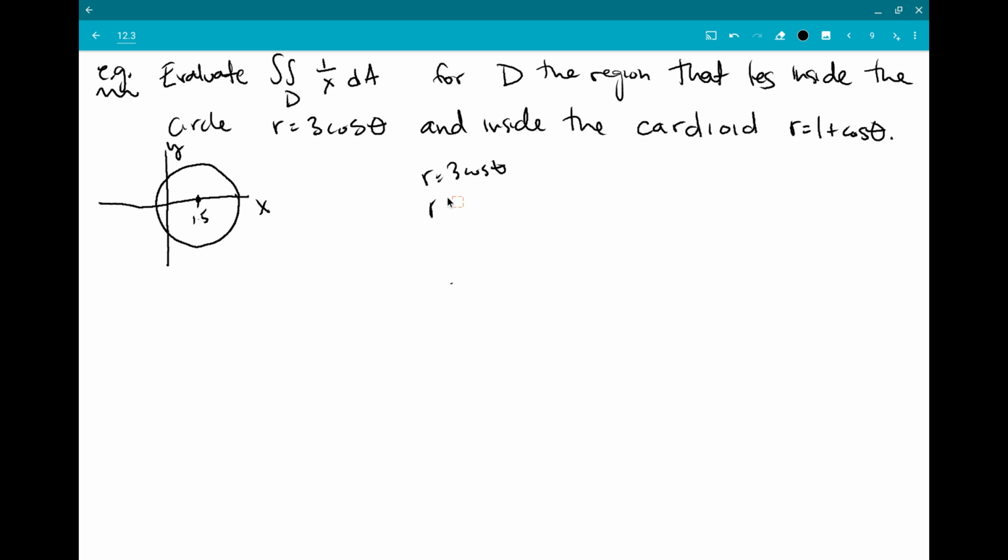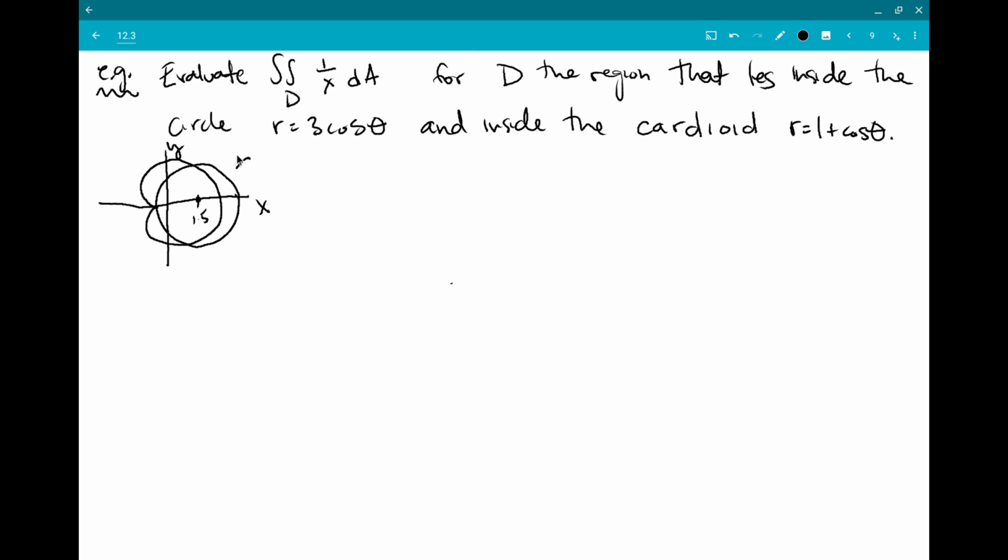So that's just what I did there. And then the cardioid, you just have to accept that it looks like this. Kind of like a really floppy heart. And that's not that I'm bad at drawing hearts, it's that it really looks like that.